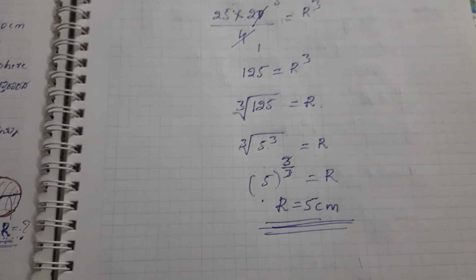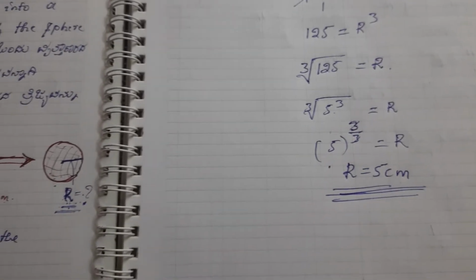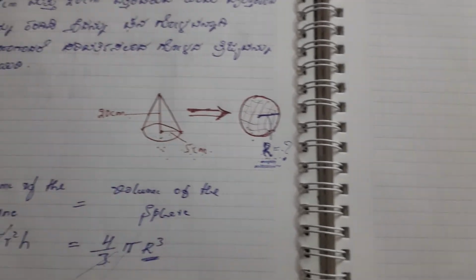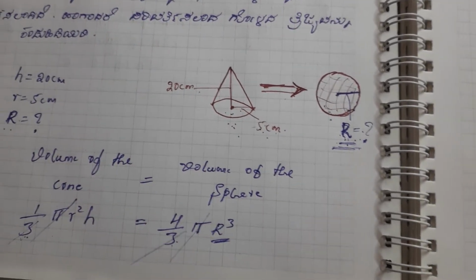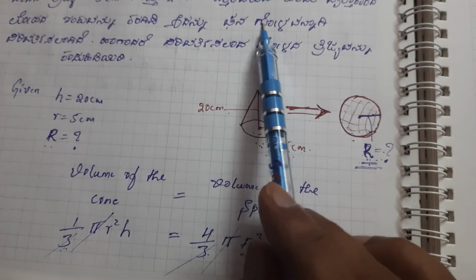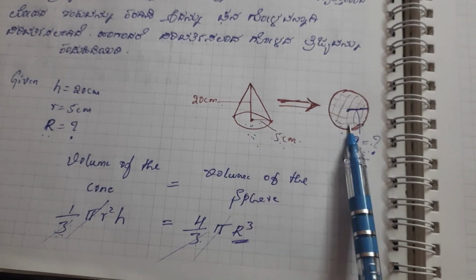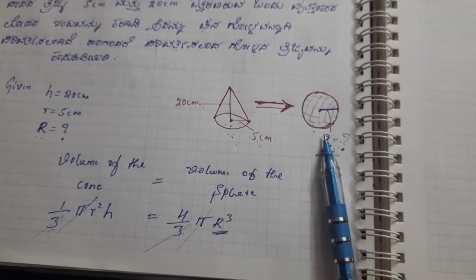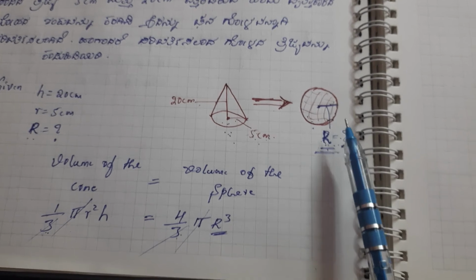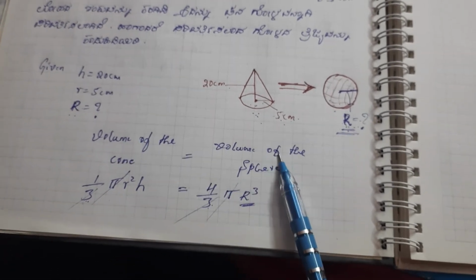This is the way you have to calculate the radius of the sphere after we are converting the volume of the cone to the volume of the sphere, equating these two volumes.